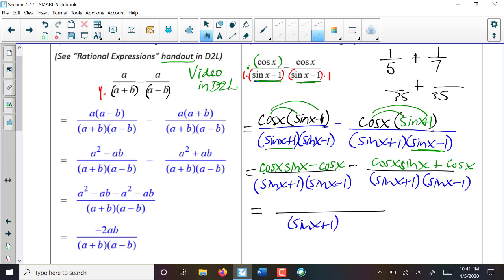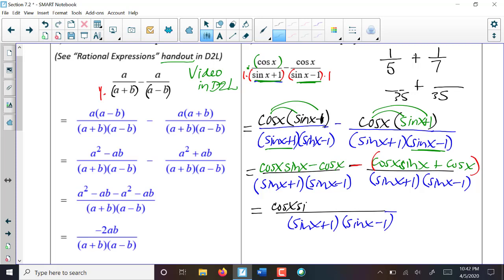Denominator stays the same. We subtract the numerators. So be careful here. You are subtracting both terms. So you have to distribute that subtraction through there. So I'm going to write it out. If you don't need to write it out, it's fine with me.